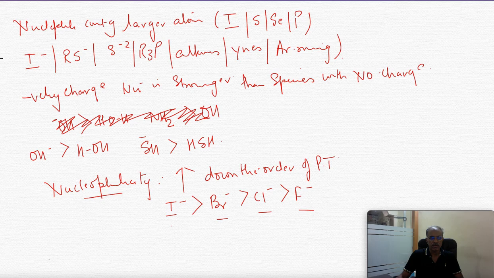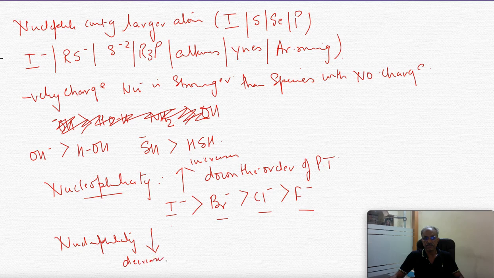Similarly, nucleophilicity decreases from left to right across a period.